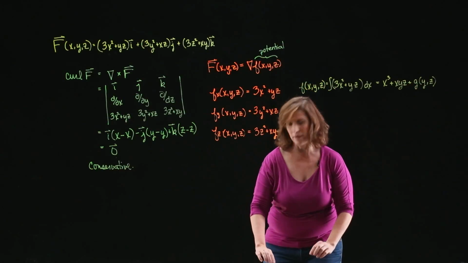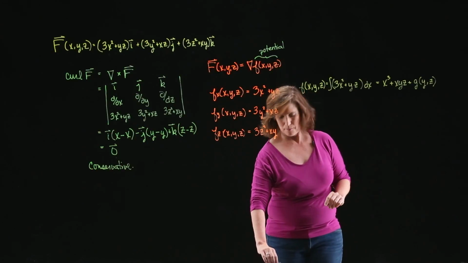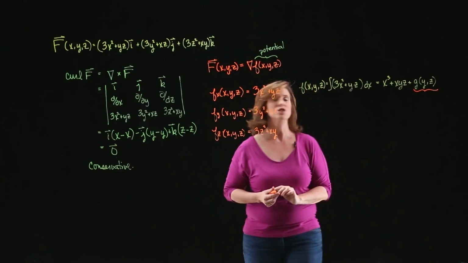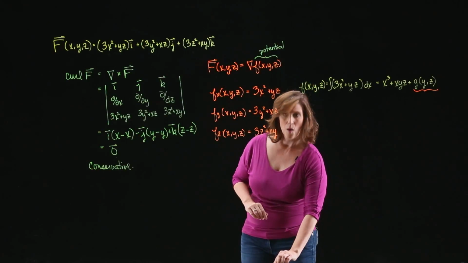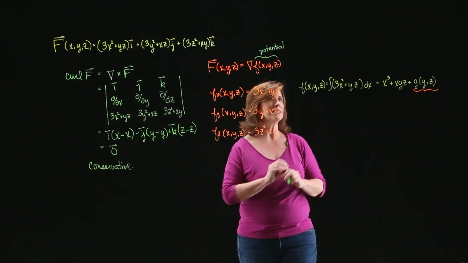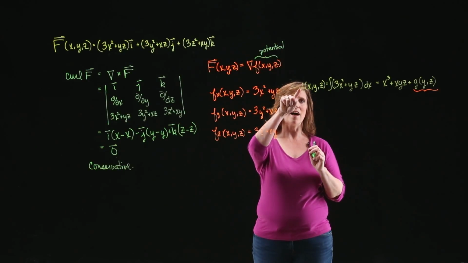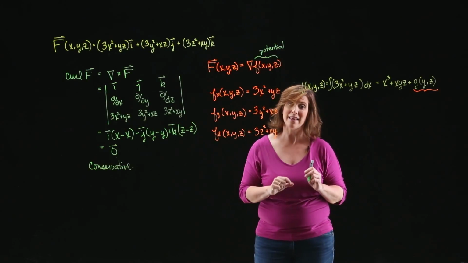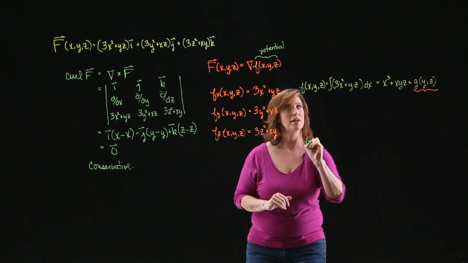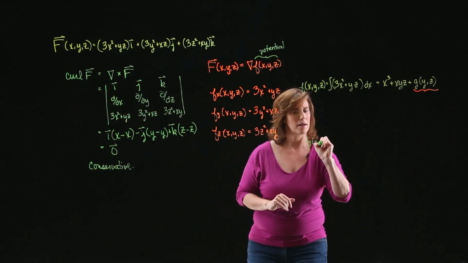All right, well, that gets me part of the way. But what I'd really like to know is, what is that function g of yz? Well, I'm going to go ahead and do a little extra work here. I want to say, what is the partial of f with respect to y this time? So I'm going to leave a little space, and look at the partial with respect to y.